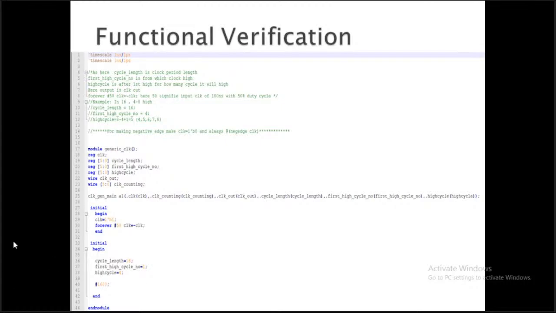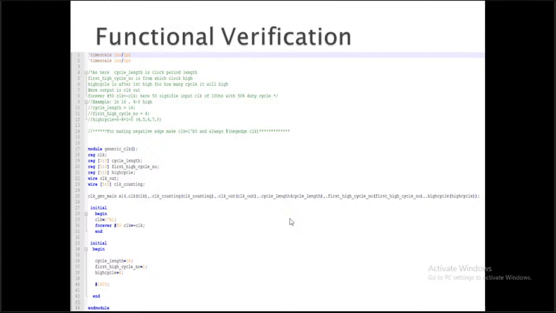So how do we define those? You can see here we define clock gen main. We call that main module as a submodule, then do port mapping with our test bench, and provide some input through the test bench to the main circuit and see whether its functionality is proper or not.